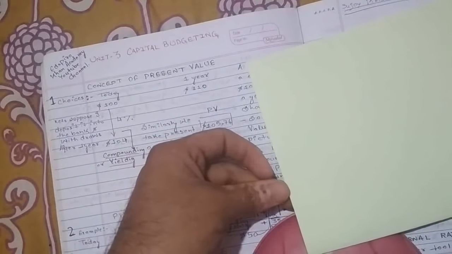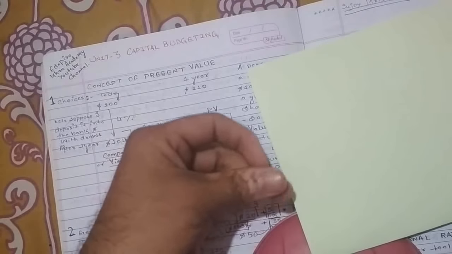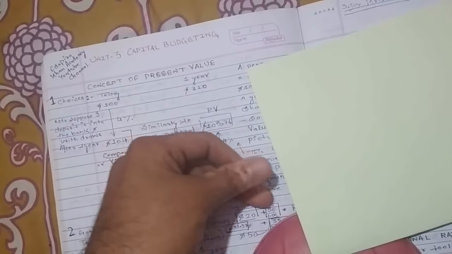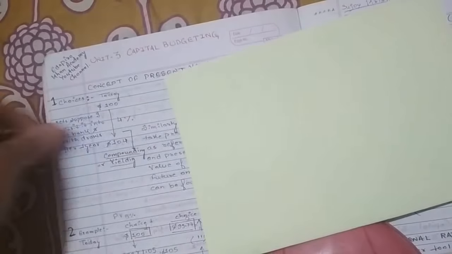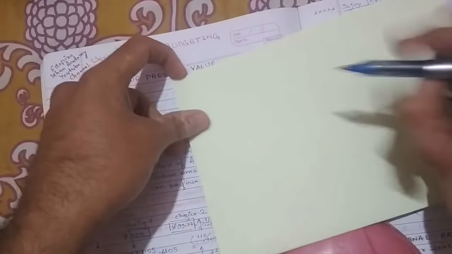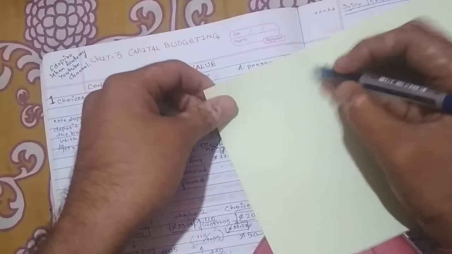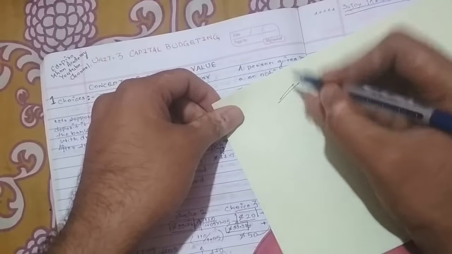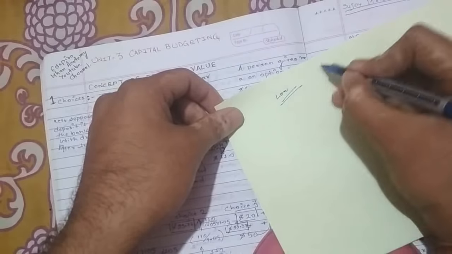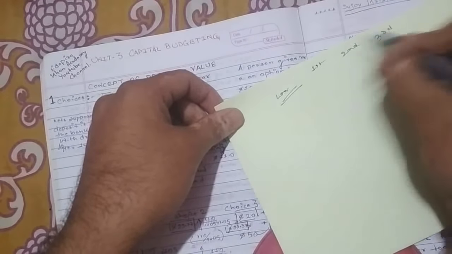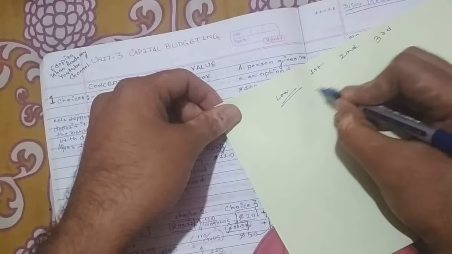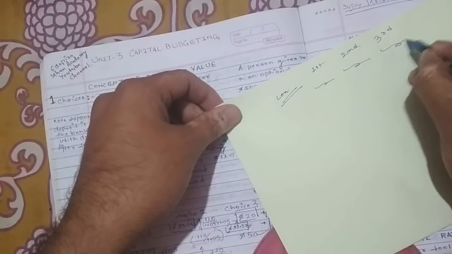So what you need to do is just understand, and in the next chapters you will have to apply. In the first chapter itself, we understood that some amount is given as a loan, or some amount is invested in a bond, and in the first year, second year, third year you are getting something.